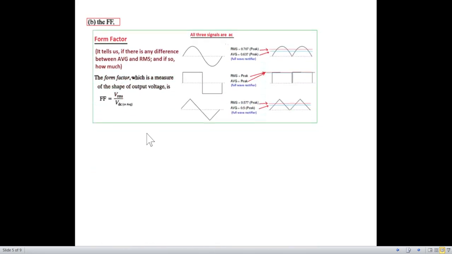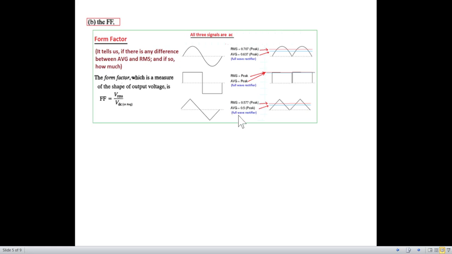Next is form factor. The form factor tells us if there is any difference between the average and RMS value of any rectified signal. If you see here, we have three different outputs. For sinusoidal, we have these two. For square periodic, we have these two.